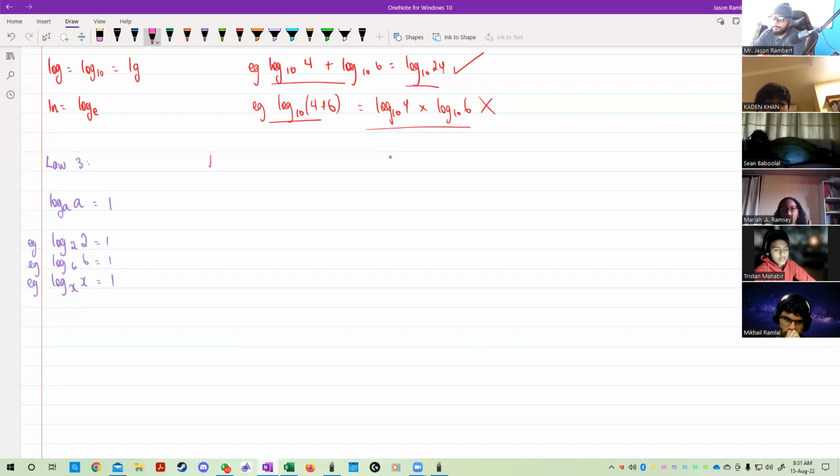Law 4. Log of 1 to any base is equal to 0. For example, log of 1 to base 2 is 0.